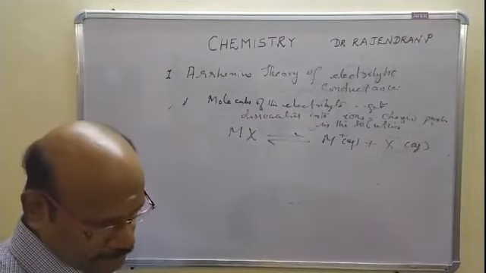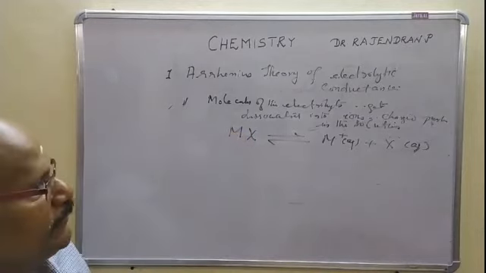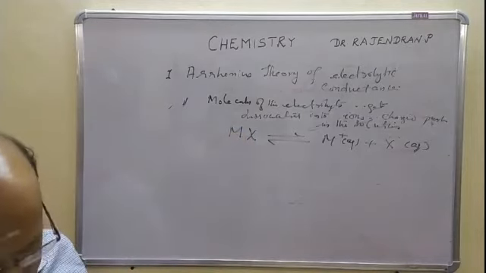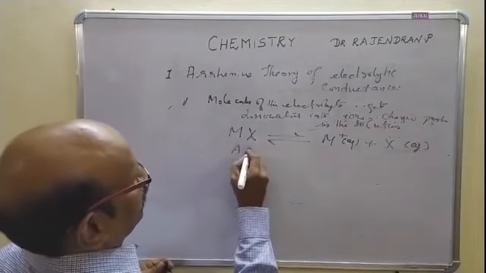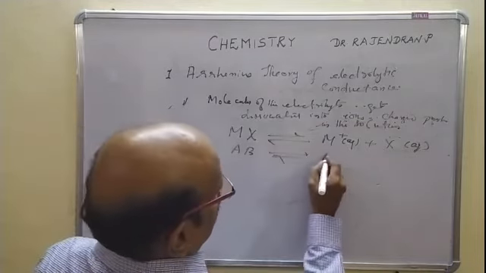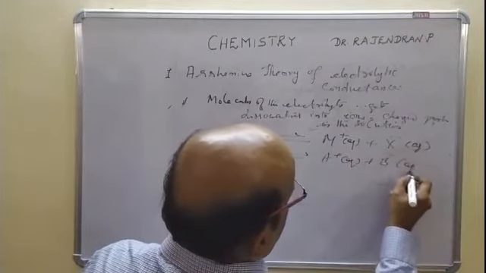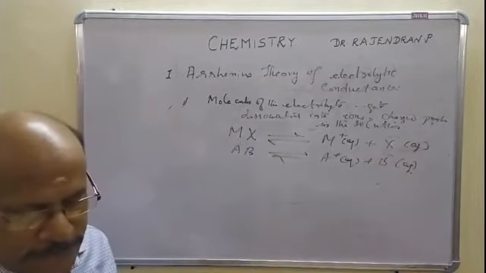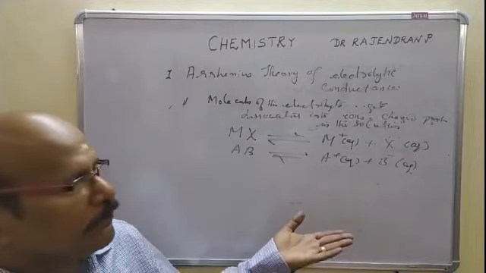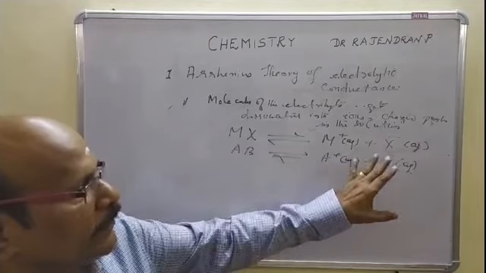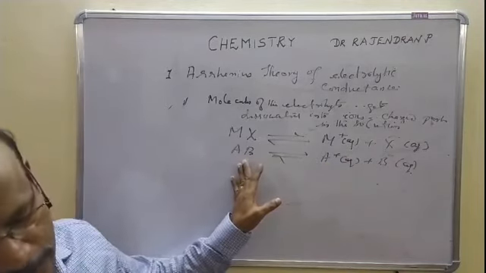So there exists an equilibrium between MX or AB, anyway as you like: AB in equilibrium with A plus aqua plus B minus aqua. So there exists an equilibrium between the ionized species or ions and the undissociated molecule of the electrolyte.